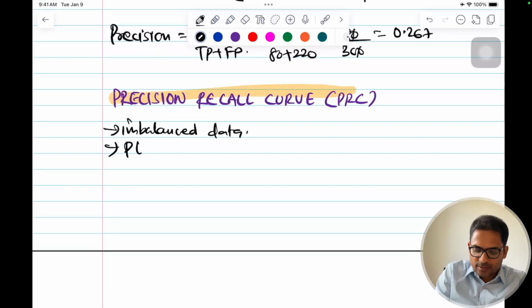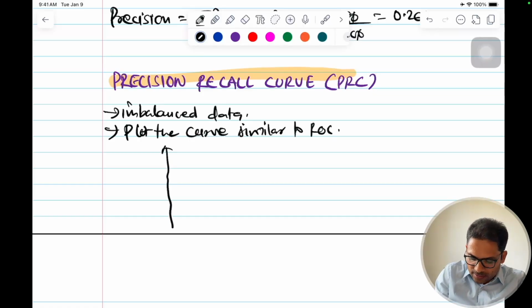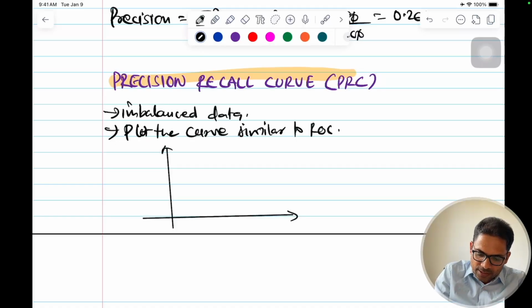Plot the curve similar to ROC, follow the same steps, and then calculate the precision and recall, and finally you will get some curve like this. I'll just write it and you can check online. So the curve would be something like this generally.